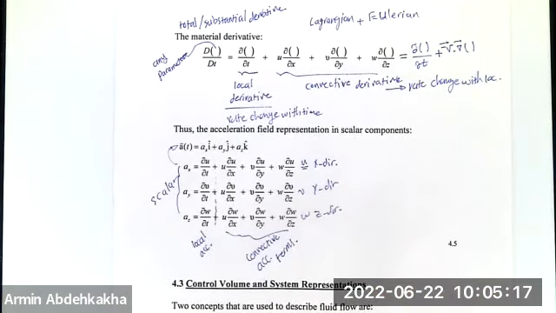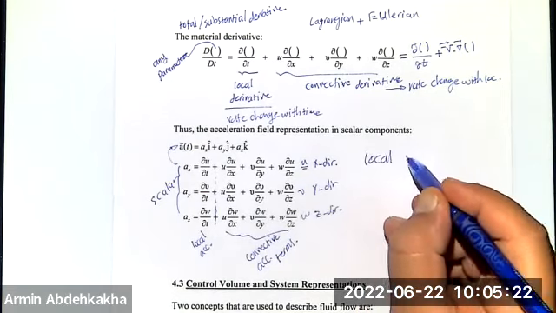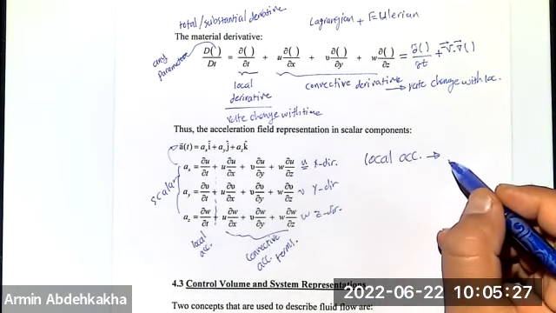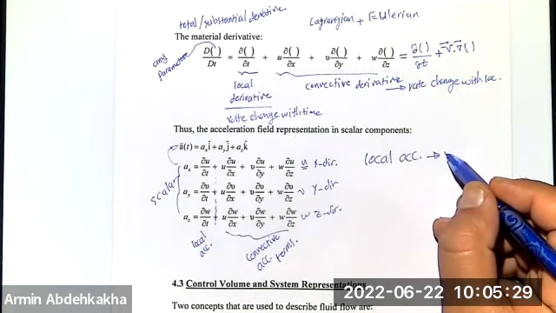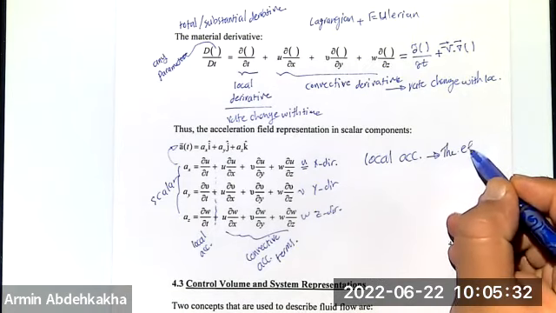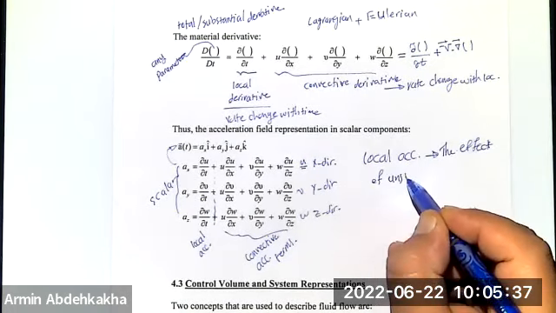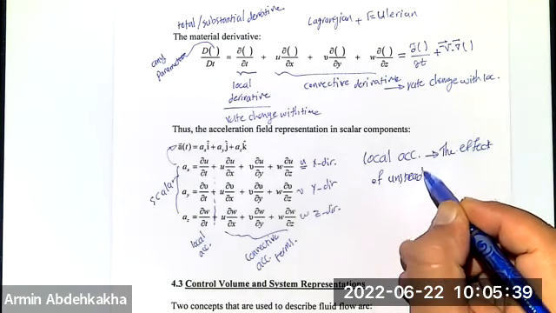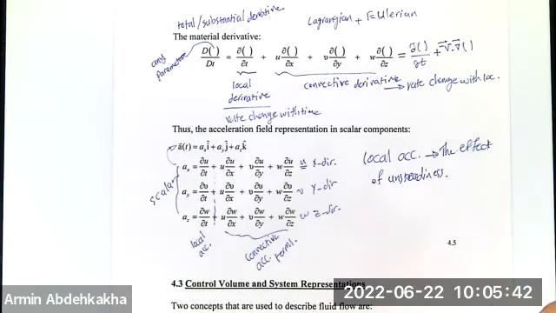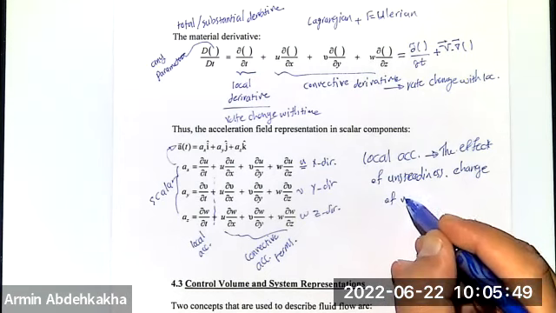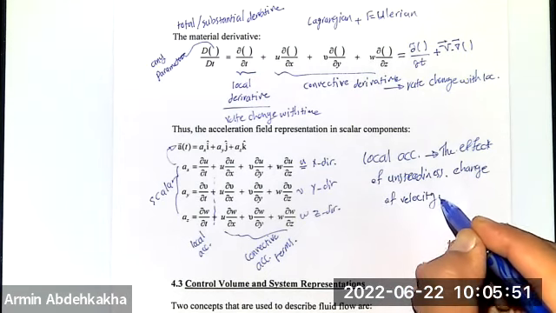Okay, so the local acceleration represents the effect of unsteadiness. Unsteadiness means how much change versus time, right? Change of velocity in time.